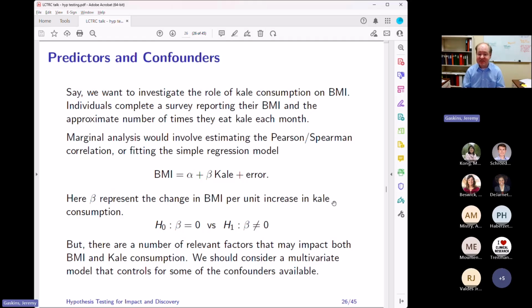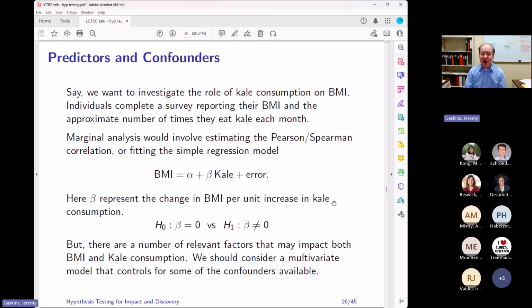So my null hypothesis is that there is no association between kale and BMI. That's the same as my regression coefficient being equal to 0 versus my alternative that beta is not equal to 0. But certainly, I can imagine there are going to be a lot of relevant factors in terms of who is eating a lot of kale that may also be associated with BMI, right?